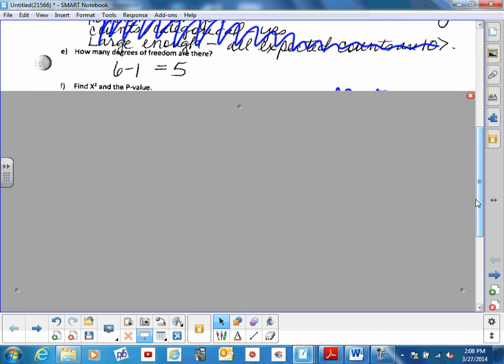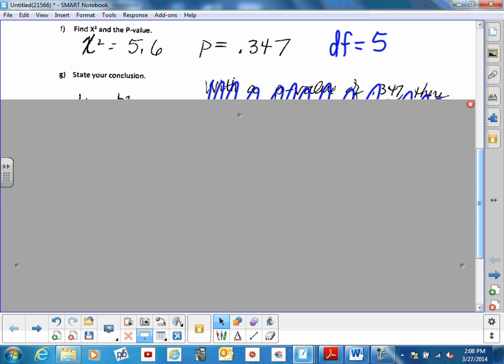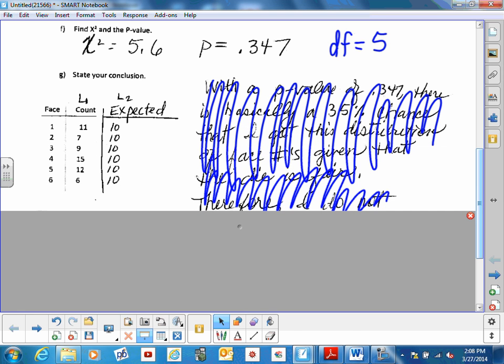Now, what I actually did was go and put this information into my calculator. So I put the observed counts into L1, okay, and then I put the expected into L2, and then I ran the chi-squared goodness of fit test, not just plain chi-squared, okay, and those are the values I got.